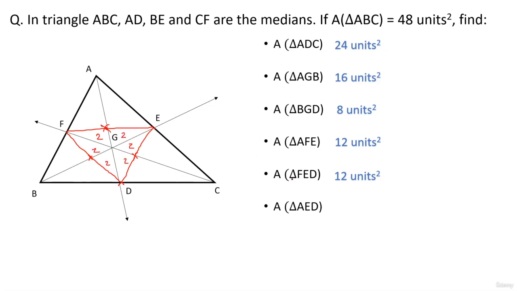Okay, now the question demands what is the area of triangle AED. Now AED, guys, is basically this. AED is required as this triangle, right? Now we know that this triangle AGE we took as 8, right? To this 8, guys, what do we have to add for AED? We have to add this 2 and this 2, right?